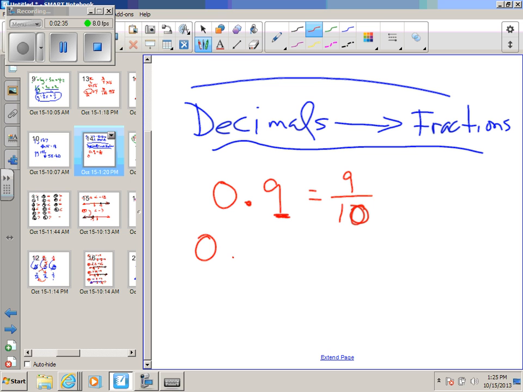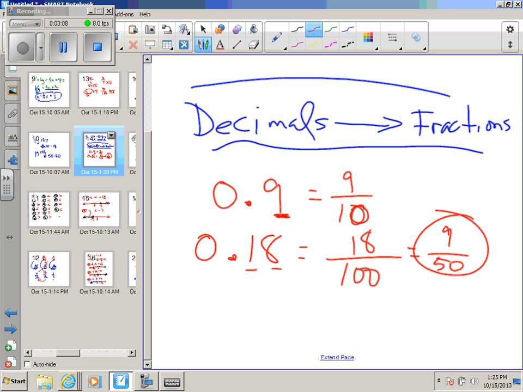Just like if you had 18 hundredths, 2 places after the decimal would mean 2 zeros in your denominator with 18 on top. However, if it can be simplified, then we must simplify and say 18 and 100 are both divisible by, Trinity, 2. Therefore, 18 becomes a 9, the 100 becomes a 50, and 18 hundredths as a fraction in simplest form would then be 9/50ths.